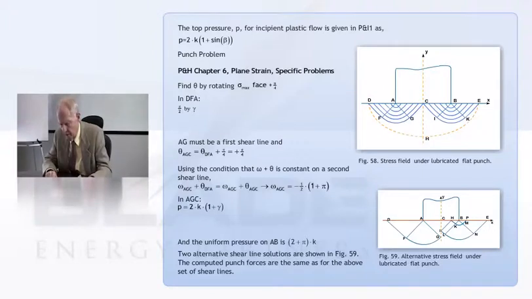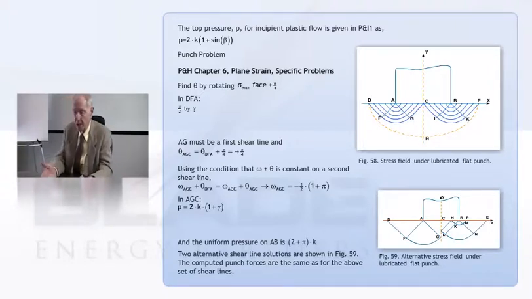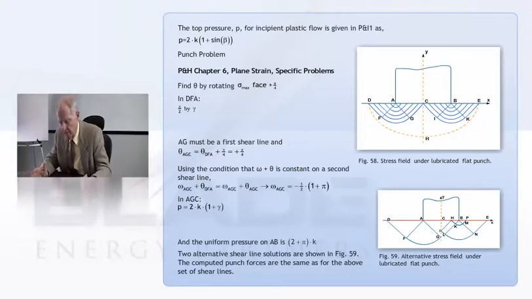Then there's a sort of an intermediate solution where there's a little rectangular region in there that's a region of constant state. That's on the right side. But the remarkable thing is that all three of these solutions give the same answer. And when you get into some theorems that we're going to be talking about, that would be expected.